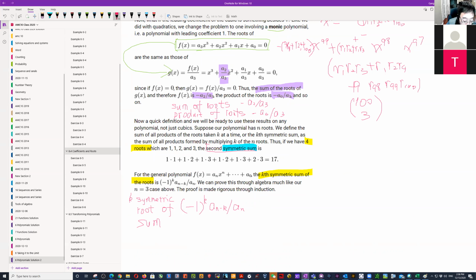Yeah, the k-th symmetric sum of the roots is (-1)^k times the coefficient ratio. The first symmetric sum is always r1 plus r2 plus r3 plus all the way to rn.